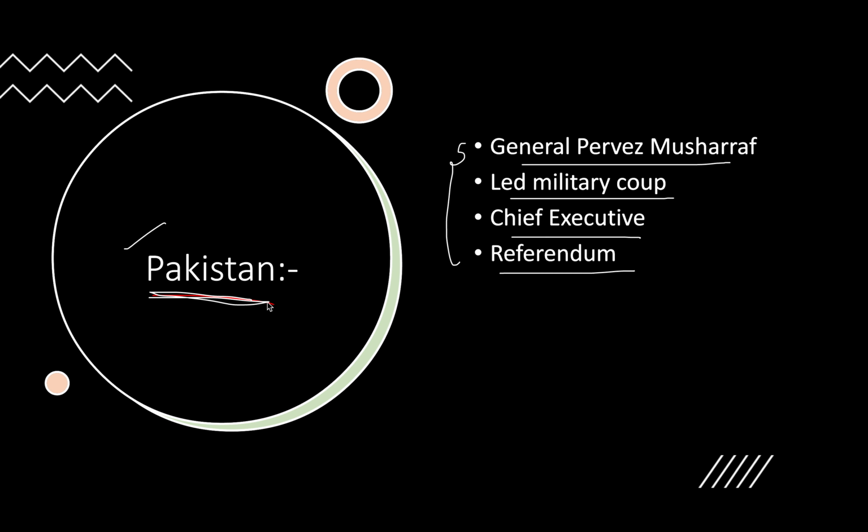But my main pointer is that in Pakistan there was some person referred to as General Pervez Musharraf who led a military coup. What is meant by military coup? That means that he attacked his own country and took over the rule, and the rule was taken over by the military people.